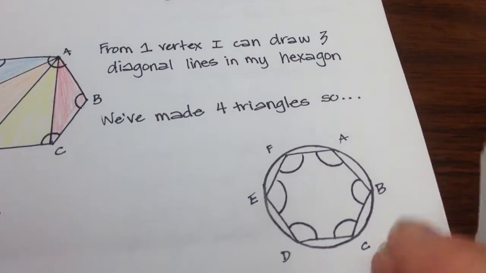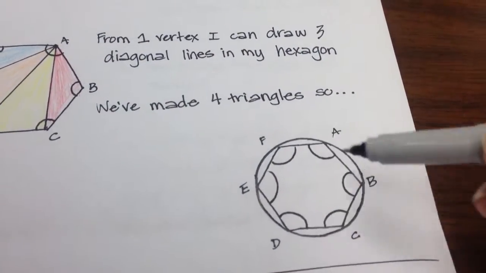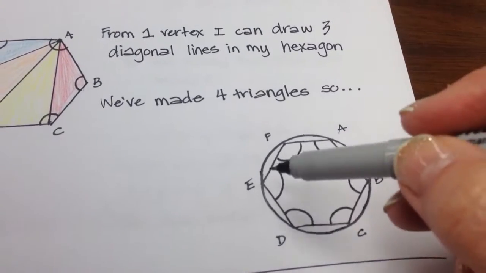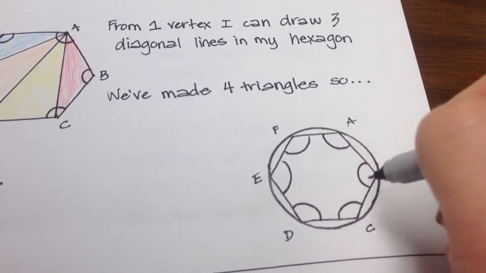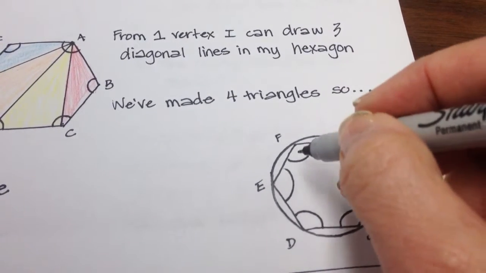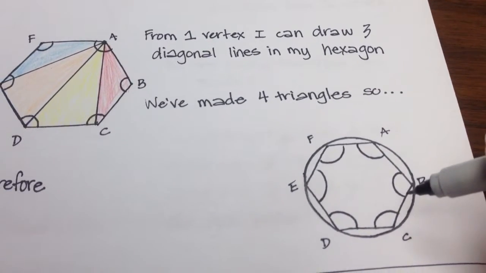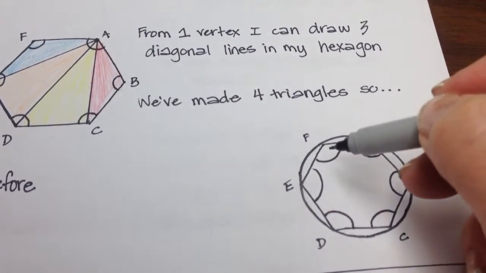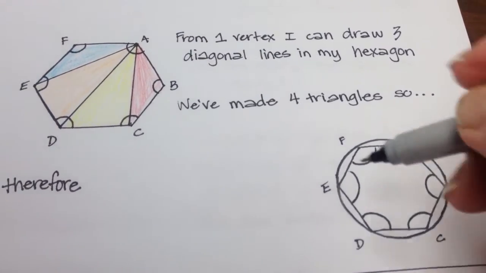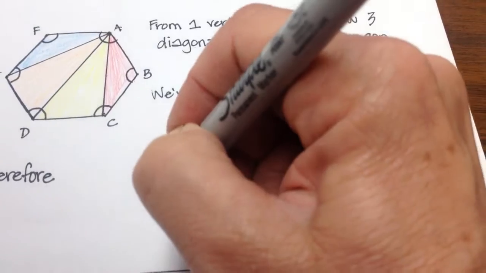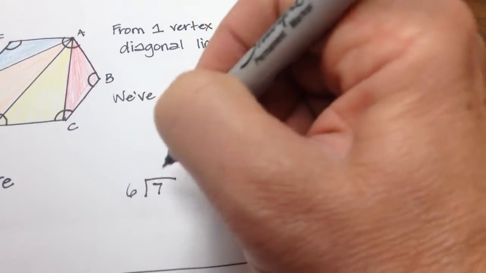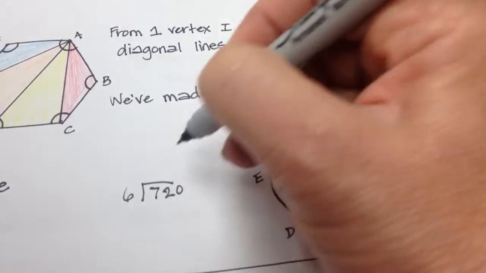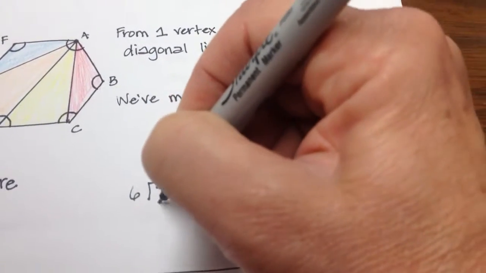Therefore, if I drew this beautiful circle and I inscribed a wonderful hexagon, and my teacher said, well, what are the individual angles of each of these vertices? I don't know. What am I going to do? Well, how many angles do you have? 1, 2, 3, 4, 5, 6, right? So we're going to take 6 and divide that into 720. 6 can go into 7 once.